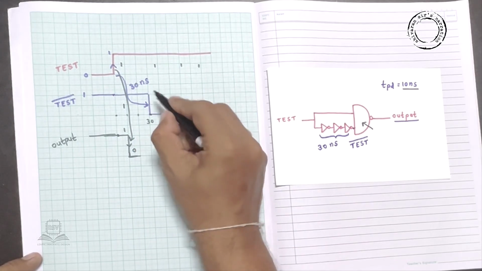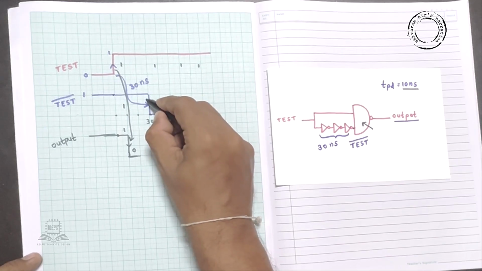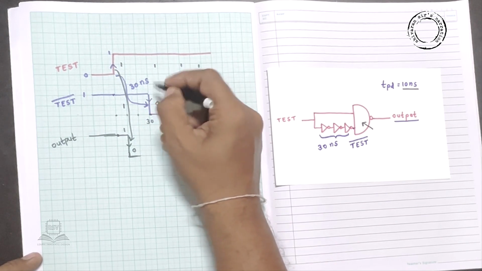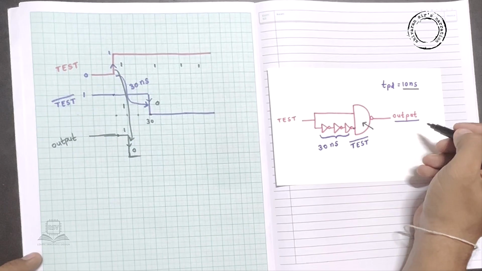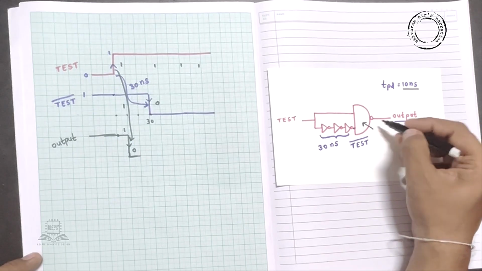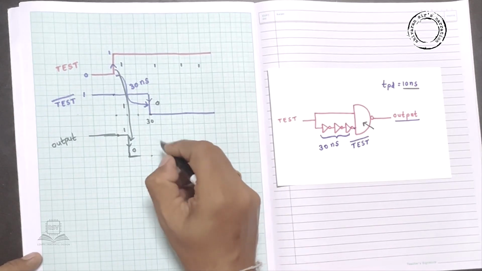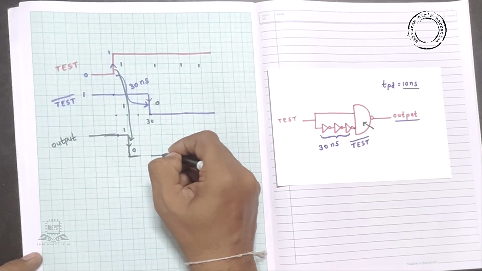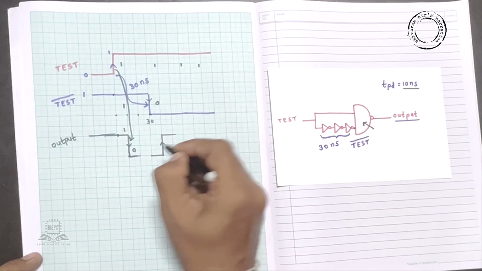At 30 nanoseconds the test bar signal has shifted from logic 1 to logic 0, then 1 NAND 0, we will get output as logic 1, but will you get it immediately? No, it has a propagation delay of 10 nanoseconds, so after 10 nanoseconds from here it is shifted from logic 0 to logic 1.